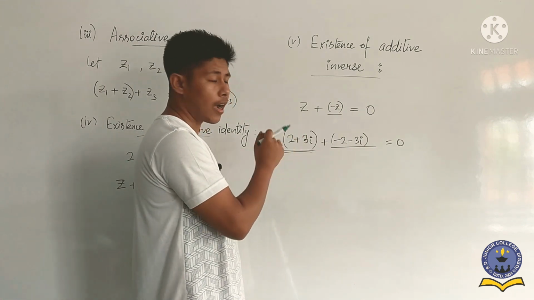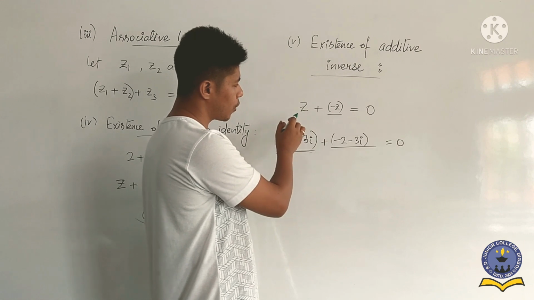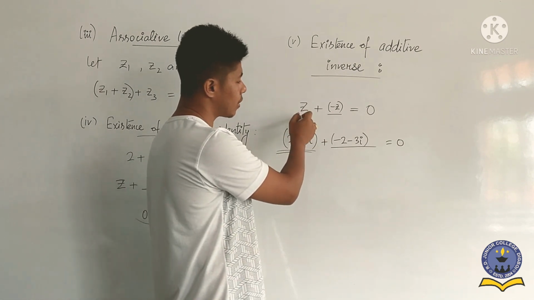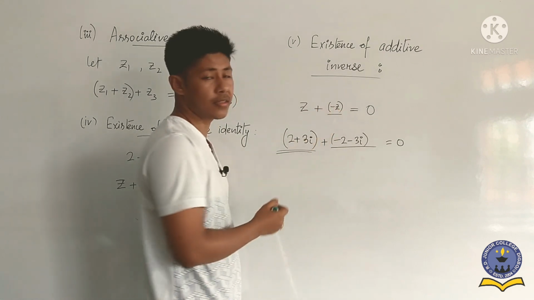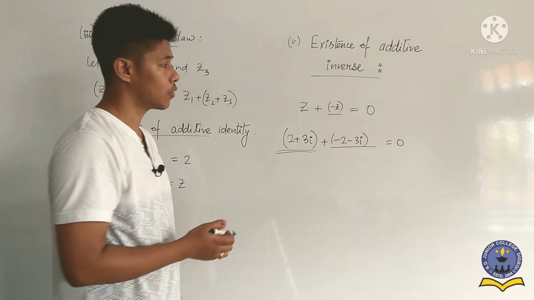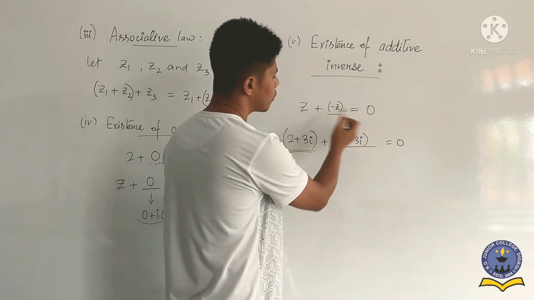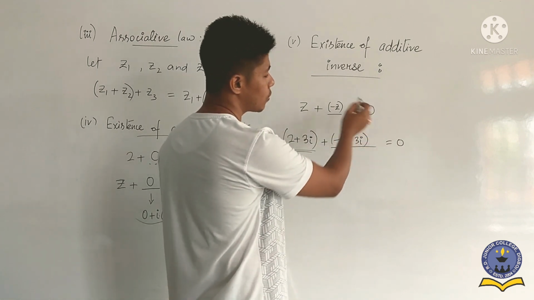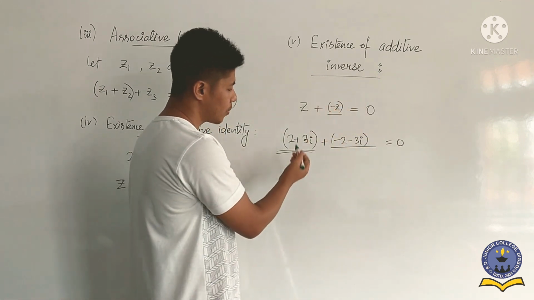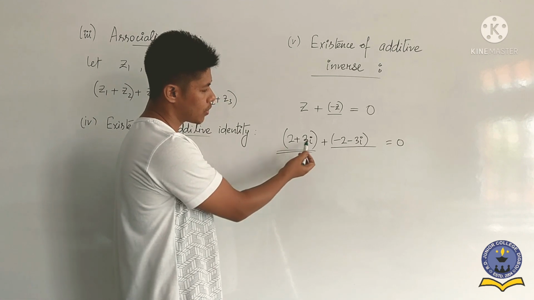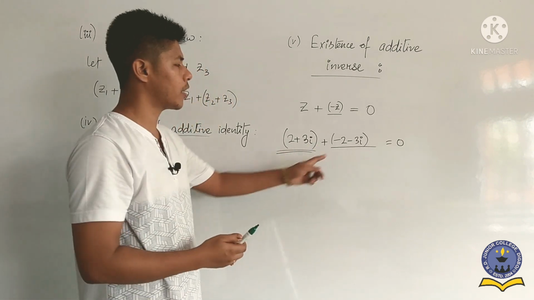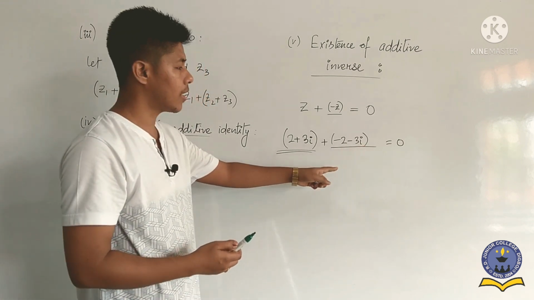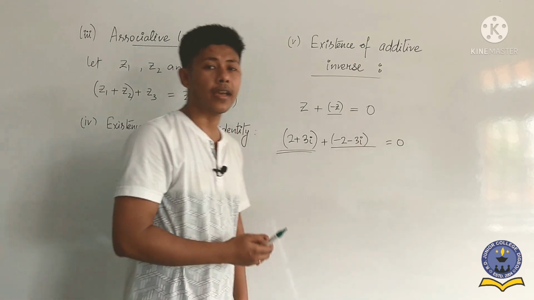Is it clear? I hope all of you understood this one. If I repeat one more time, z is the complex number, and for this complex number, minus z is known as additive inverse. Why? Because when we add these two, we get additive identity. 0 is the additive identity. Similarly, 2 plus 3i is a complex number, and if we add it with minus 2 minus 3i, we get 0, the additive identity.